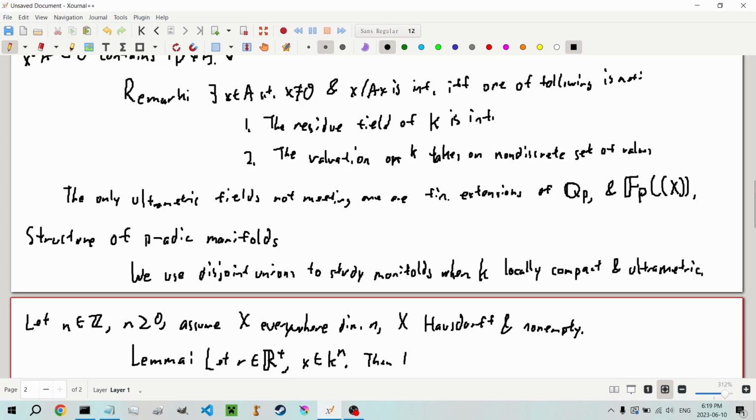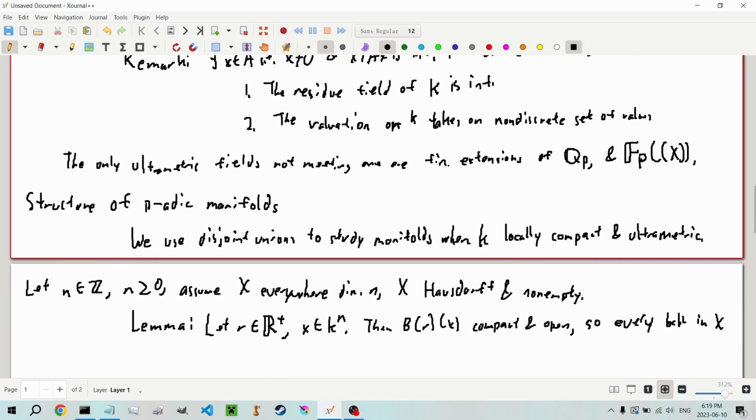Then the ball of radius r around x is compact and open, which will of course make every ball in X compact and open. Alright, and let's look at the proof.